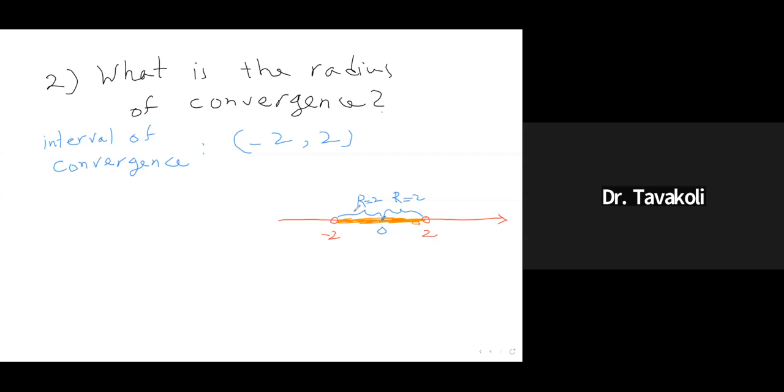So the radius of interval is 2. The radius of convergence is equal to 2. The letter that is common to use is capital R. So R is 2.